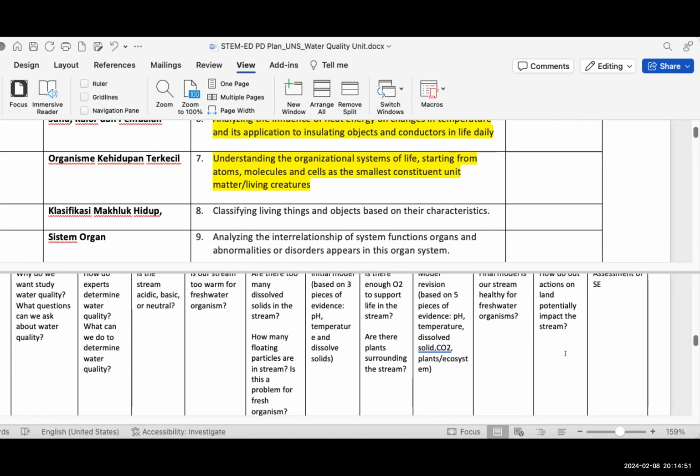Yeah, you will translate this into the learning goals later. Joe hasn't popped in here yet, but in terms of them working, I think we already have translated the water quality unit lesson in Indonesia.